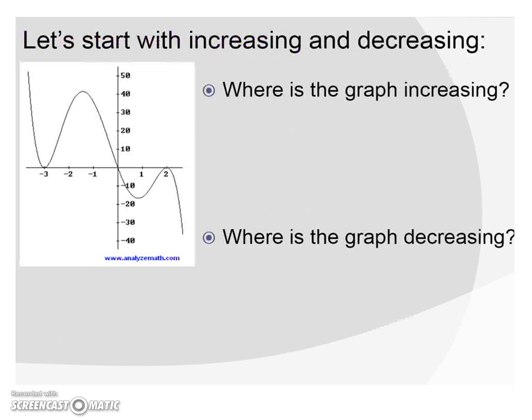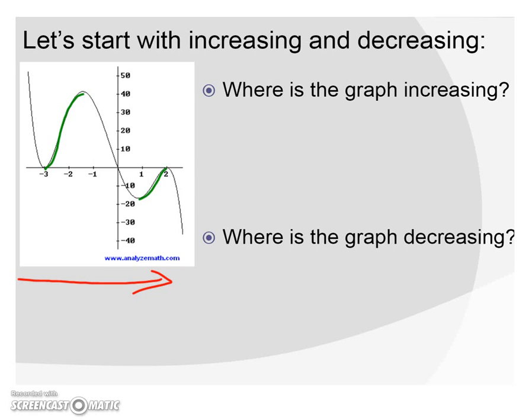Now, we started on Thursday talking about increasing and decreasing. By increasing and decreasing, we mean reading the graph from left to right. Where does it look like we're going uphill and where does it look like we're going downhill? So we're increasing from here to here and from here to here.